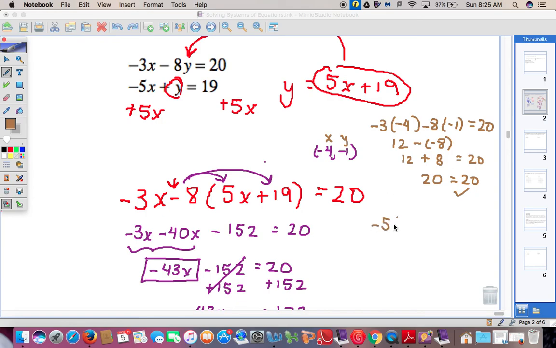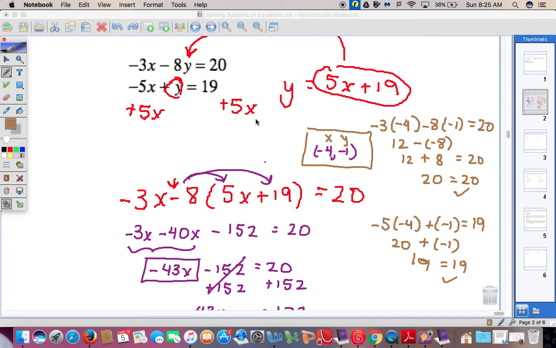I have negative 5 times negative 4 plus negative 1, and does that equal 19? Negative 5 times negative 4 is a positive 20. 20 plus negative 1 is 19. 19 equals 19, so it works for that equation as well. So my ordered pair here, my solution, would be a great solution for this system of equations.